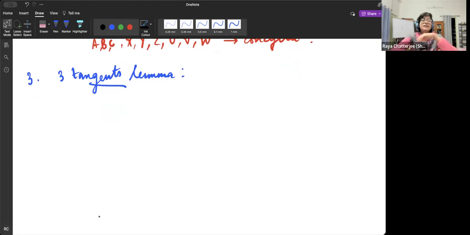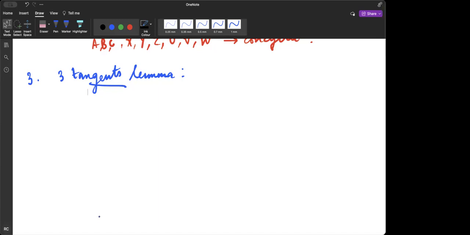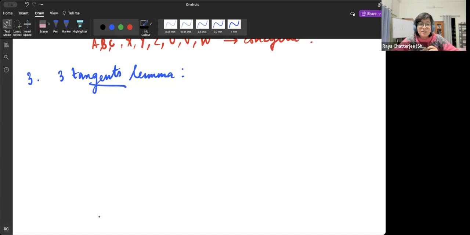So the three tangents lemma, if I state this, it will appear to be a really random thing because it doesn't have as much significance as our common theorems and lemmas in geometry. And when I first read it, I was totally skeptical about how we can use this as a lemma. I mean, it was listed in EGMO as a lemma. I thought this could be treated as a problem, but not as a lemma.